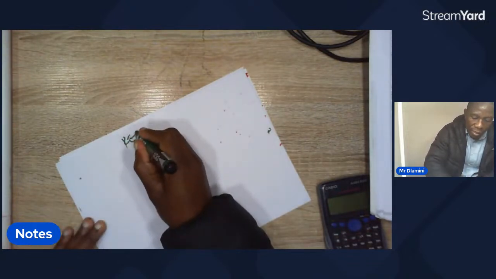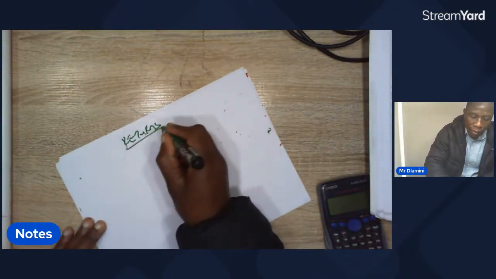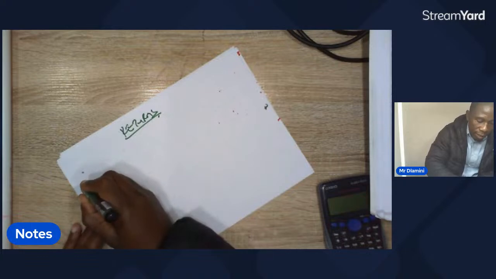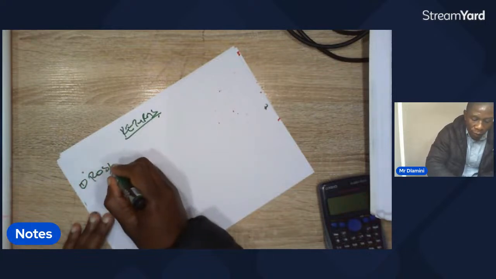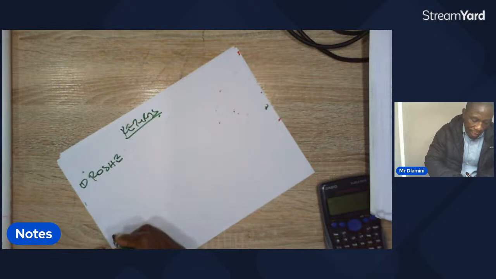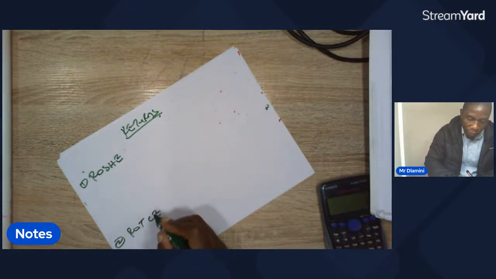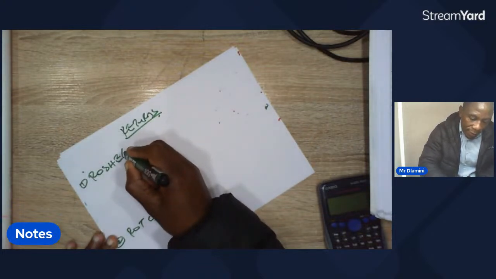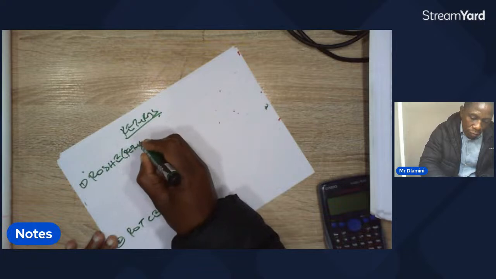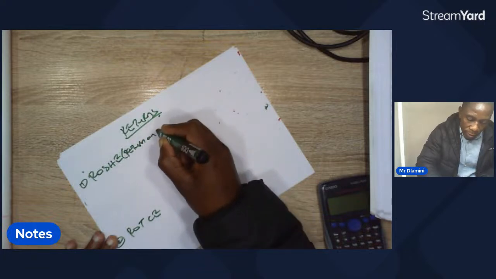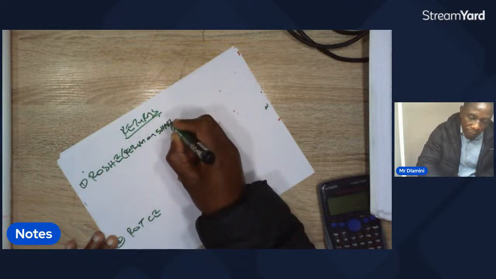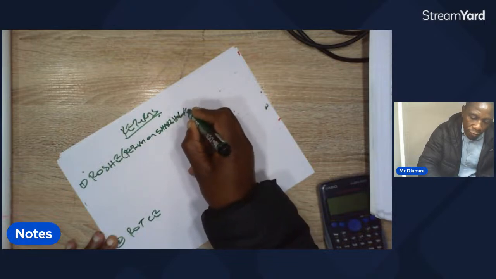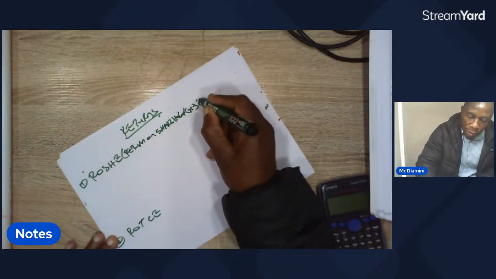So we have returns. The full name of the one is return on shareholders' equity.